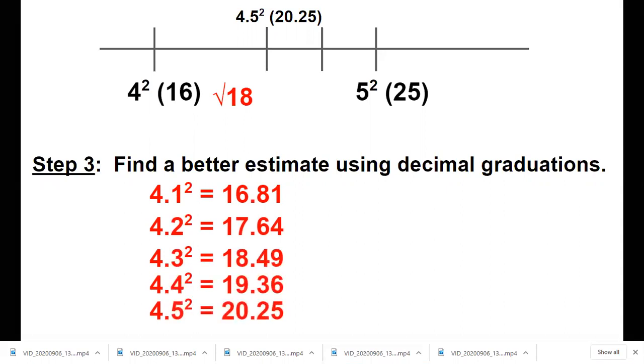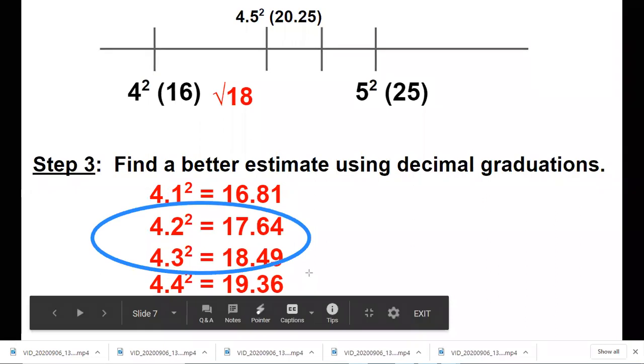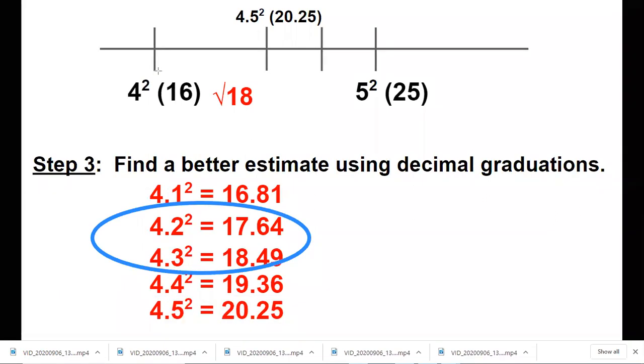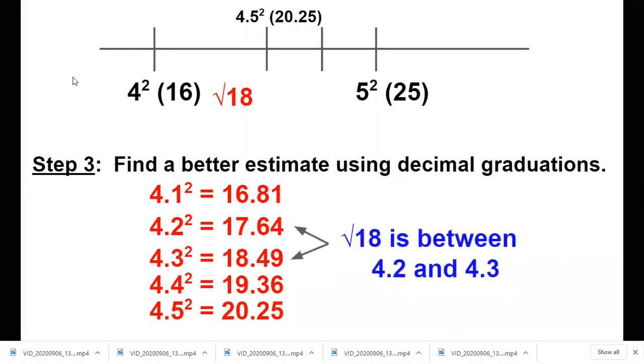So where does square root of 18 fall between these numbers? Exactly, it's going to be between those two. Yep, so between 4.2 and 4.3.